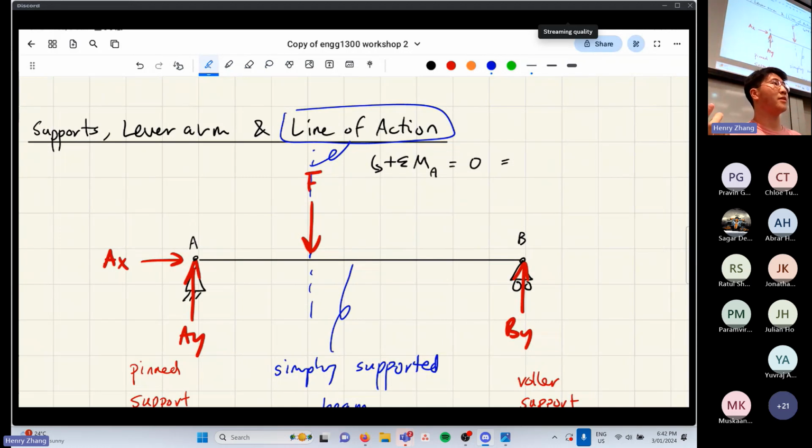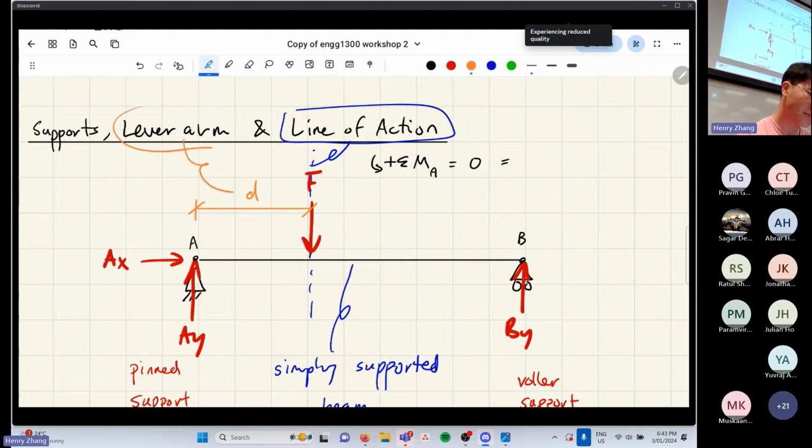It's just like this invisible line. And it's going to be pretty important because you're going to need to find the lever arm when taking moments perpendicular to it. So we're interested in point A, right? And we want to know the perpendicular distance, that's our lever arm D, to this force. So that's the lever arm there.